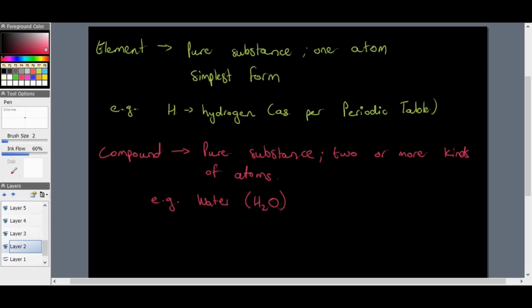Now I mentioned something as well, which was, of course, a chemical formula. So I'll change that into a different color. There's an example of a chemical formula right here, but we need to define it, remind ourselves what it is. Chemical formula: what does it show?